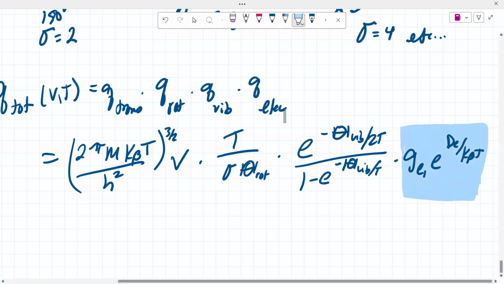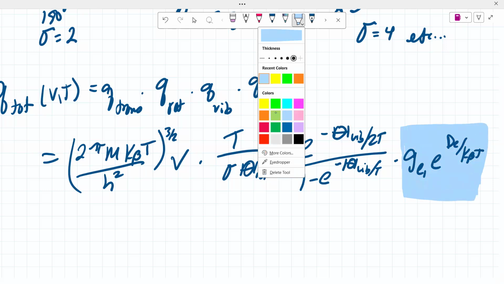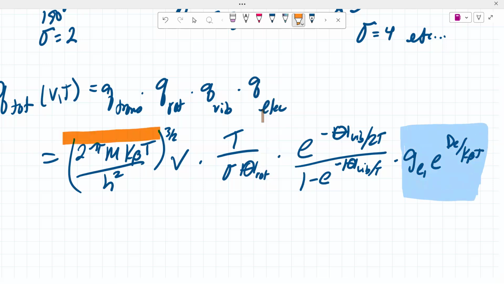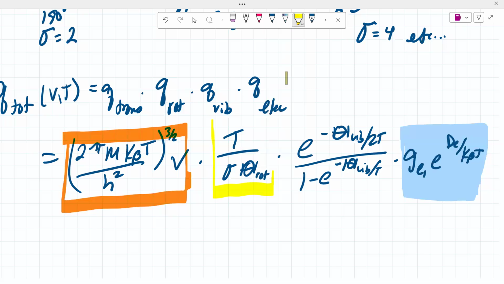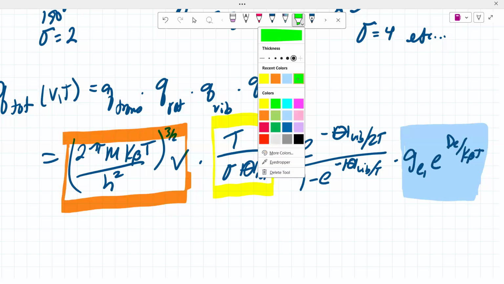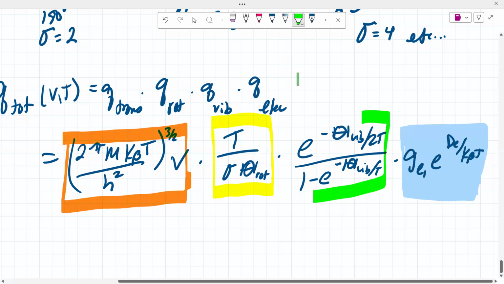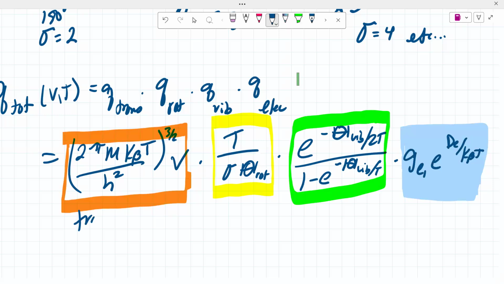We had the electronic term, which is that one. We had the translational term, which was this one. It took a while to color them all in, so I'll leave that for your imagination. The rotational one is the yellow one, which is this right here. And we had the green one, which is this one right here. Let's label all of these. This is the translation.